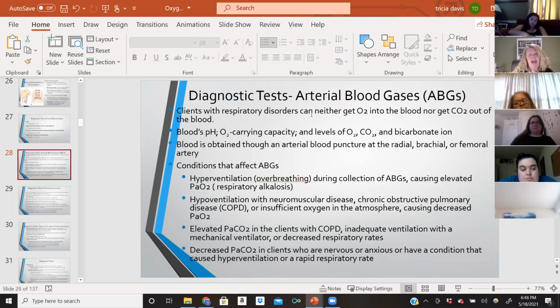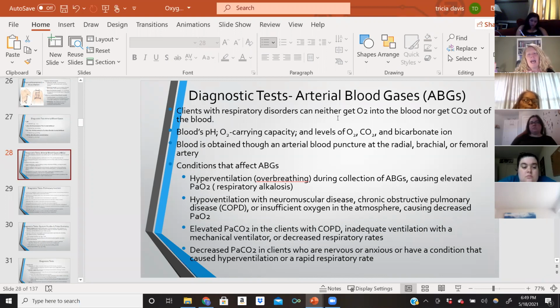So patients that have respiratory issues, depending on what they are, either cannot get oxygen into the blood or they can't get CO2 out. It's going to be one of those two issues. So the blood's pH, the O2 carrying capacity, the level of oxygen, the carbon dioxide, and the bicarbonate ions are all going to contribute to respiratory oxygenation issues.